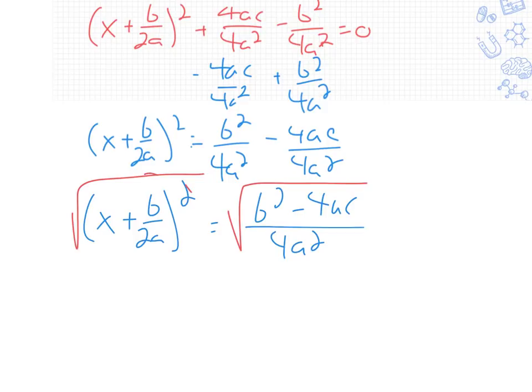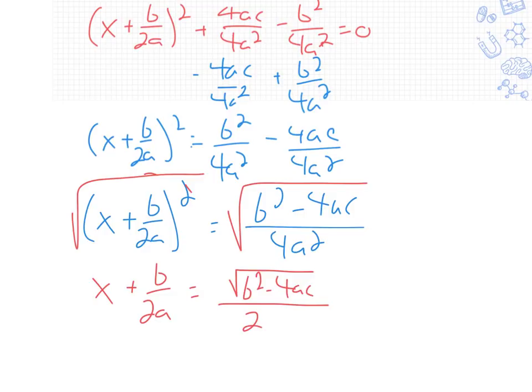That cancels that out. And we get x plus b over 2a equals the square root of b squared minus 4ac. And then on bottom, the square root of 4 is 2, and the square root of a squared is just a.